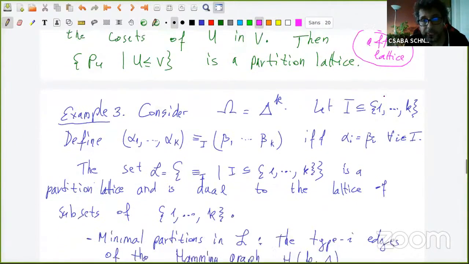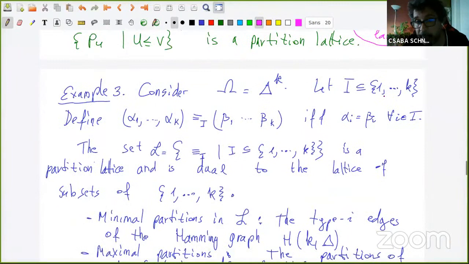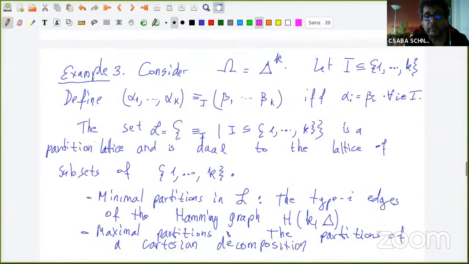Another example, related to the Hamming graph, of a partition lattice. Consider omega to be the kth Cartesian power of a set delta. So delta is a set, and delta to the k is the kth Cartesian power.